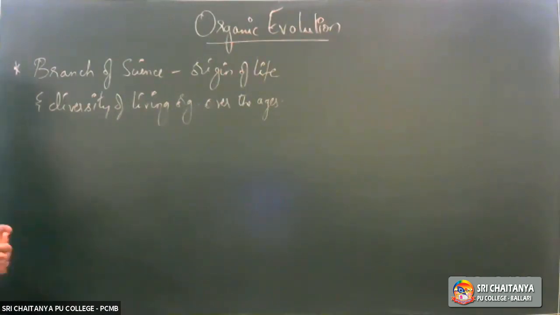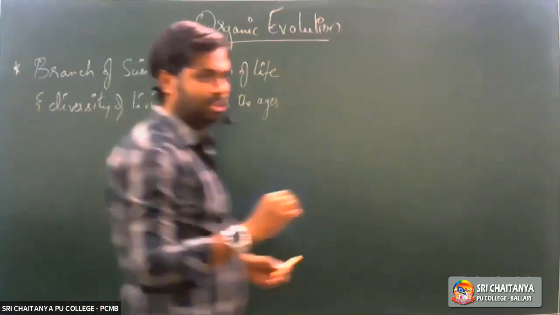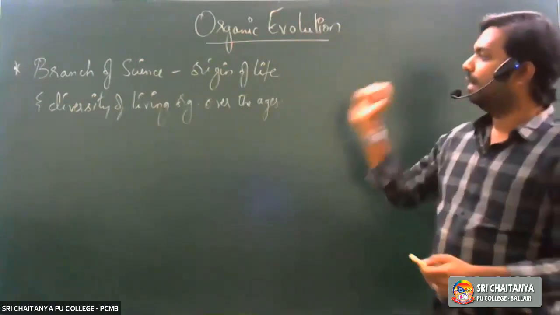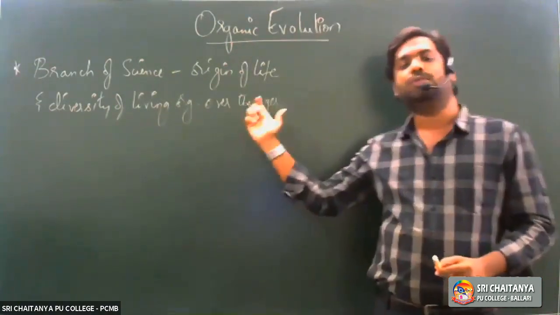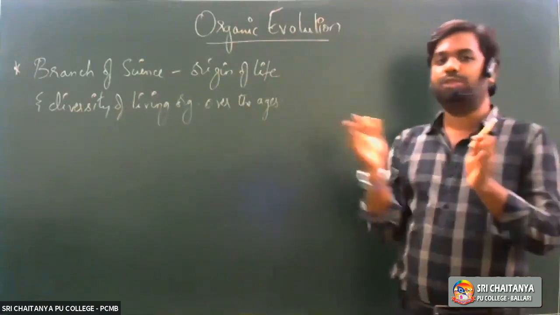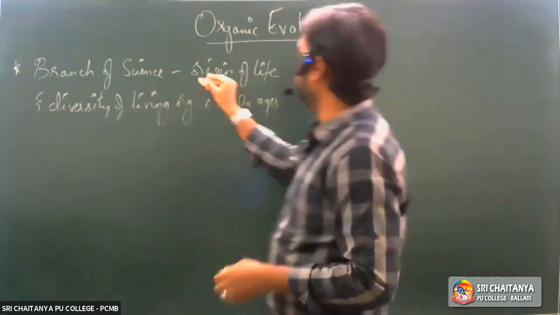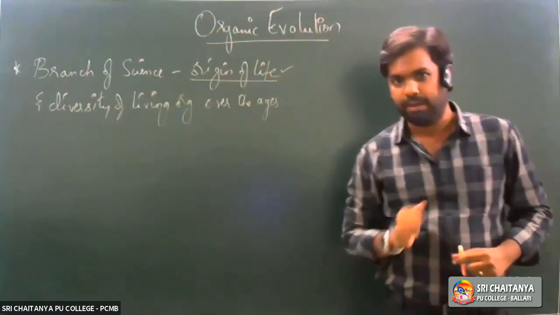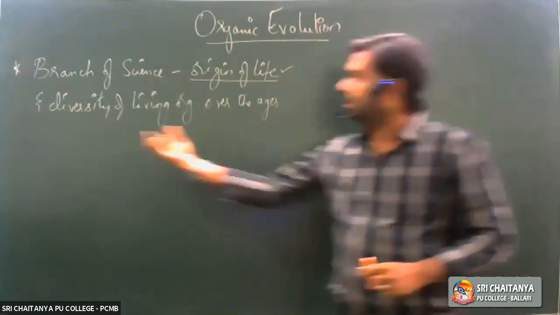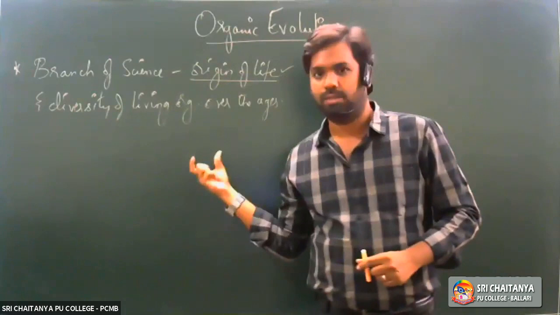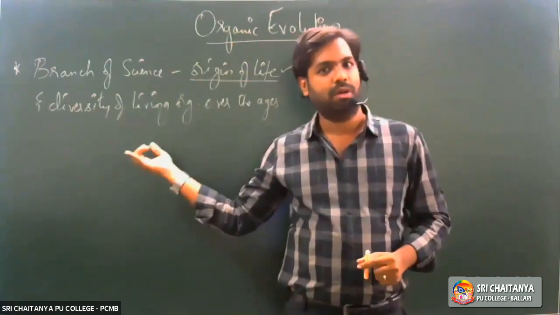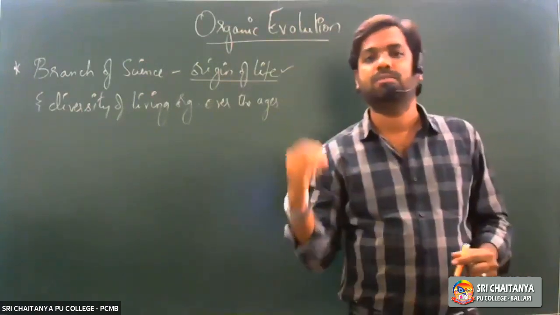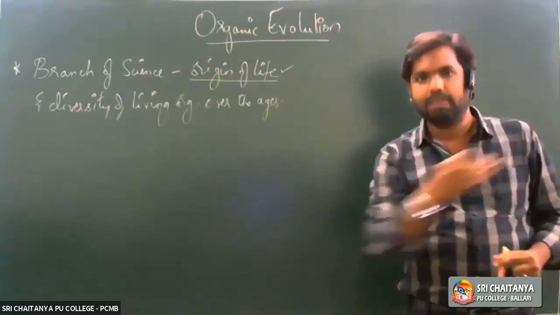Evolution is a branch of science which deals with the origin of life and also the diversity of living organisms over the ages. So evolution has two parts. One is the origin of life. The second one is the diversity of living organisms. What does this mean, diversity of living organisms? We know that several different types of organisms have evolved over the ages.